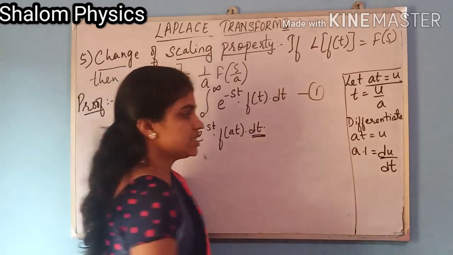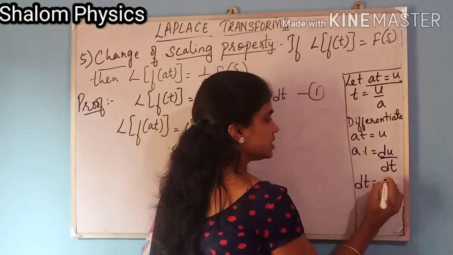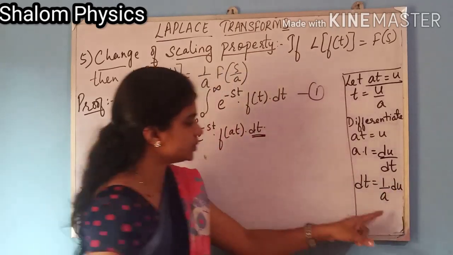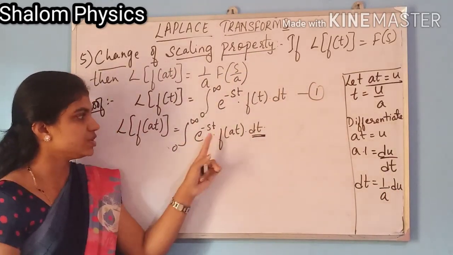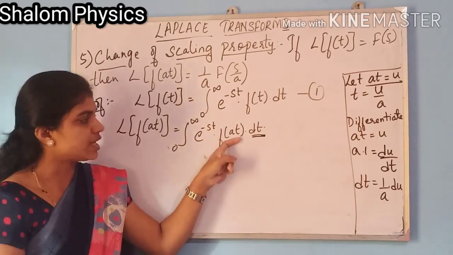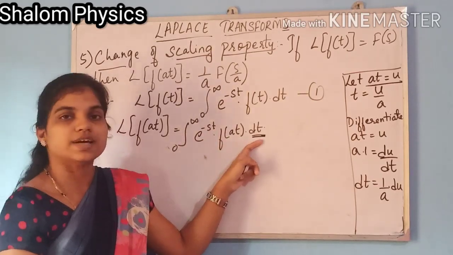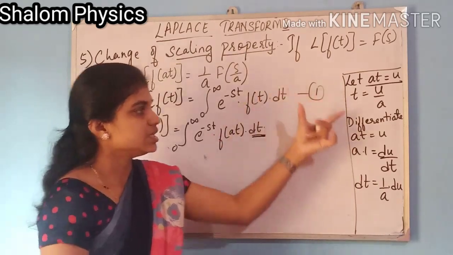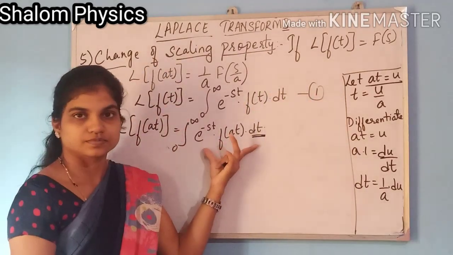So what is dt? It is 1 by a into du. So now we have got the value of t, we've got the value of at, and we've got the value of dt. So now we can substitute these values here.